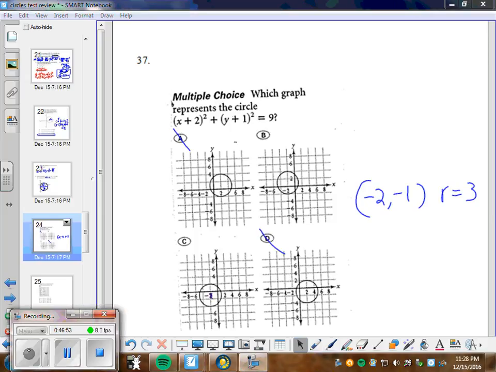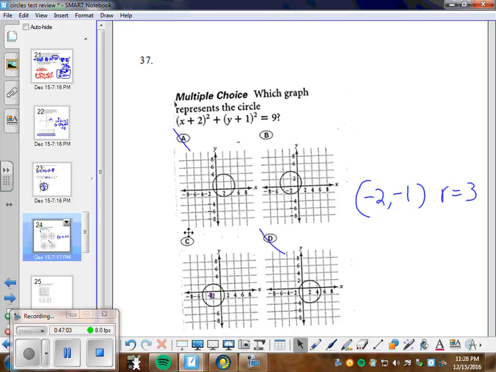Okay, so when you're looking at these, remember the center, -2, -1, and this is by 2s, 2, 4, 6, 8. So to get 3 over, you would be just a little past that one and that one. So this is your correct answer. Okay, -2, -1, radius 3. So C would be your correct answer.